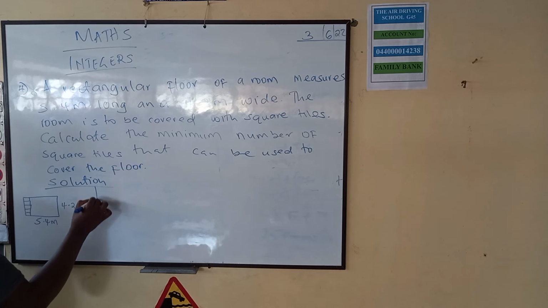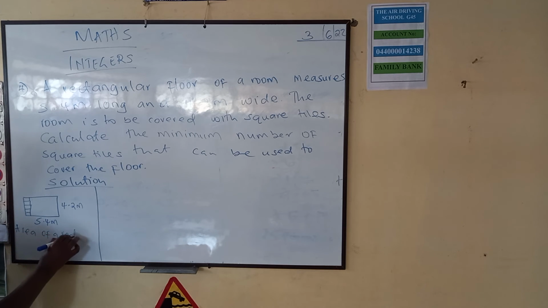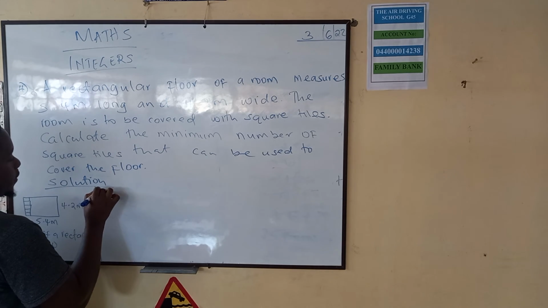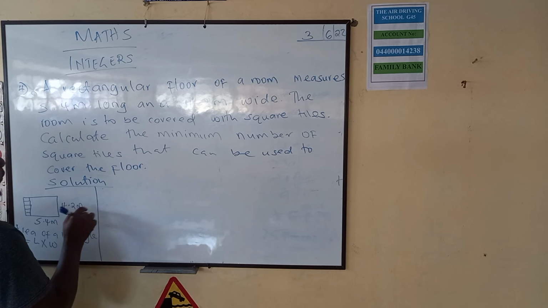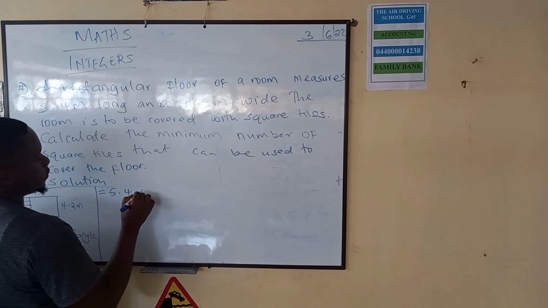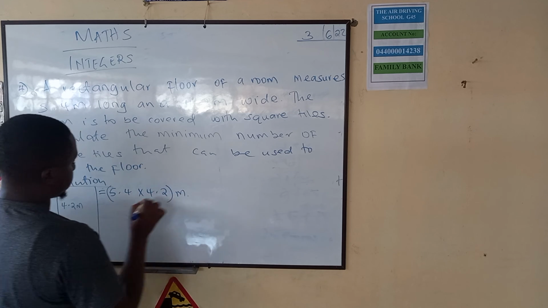Okay. Now first of all, what do you know about the area of a rectangle? Area of a rectangle is equal to length times width. Here we have our length as 5.4 and width as 4.2, so we'll do 5.4 times 4.2 meters.